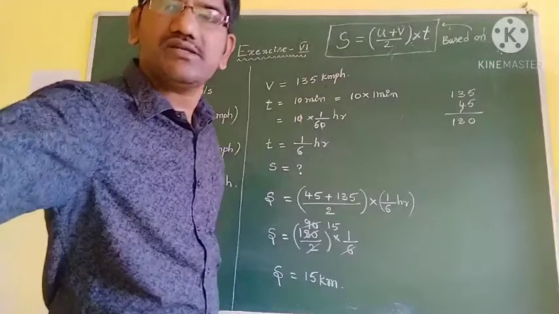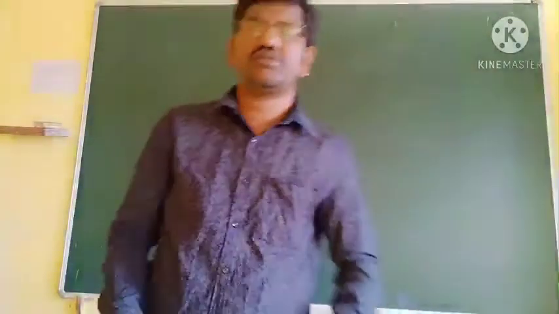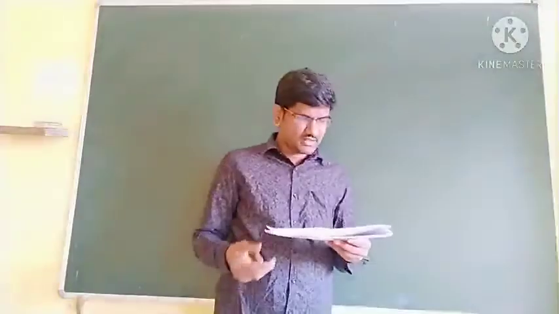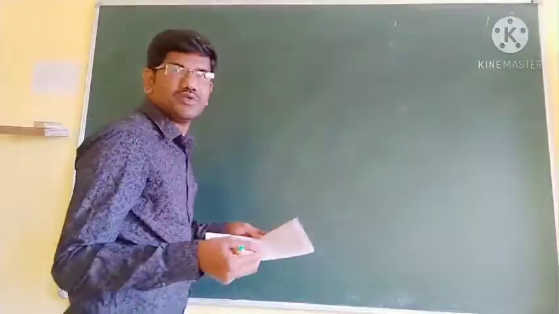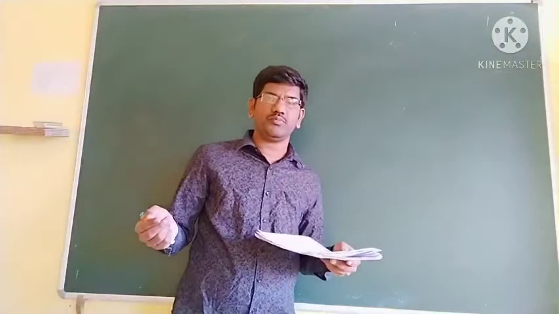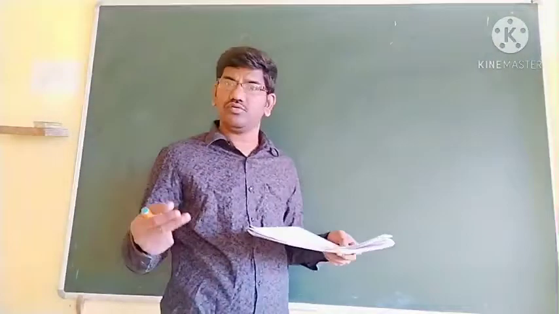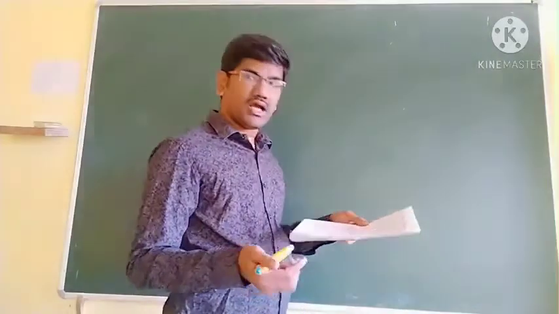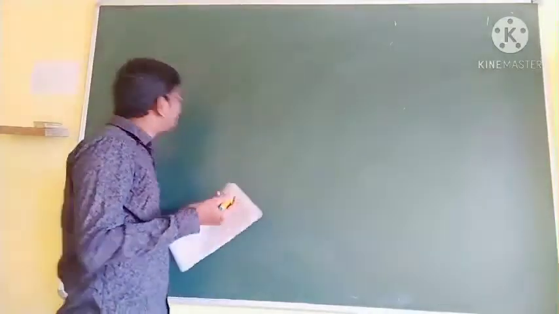Okay students, now see problem number 7. So I am changing the model. Based on S is equal to (U plus V) by 2 into T, you solve the problems. Now I'll go for the 7th problem.